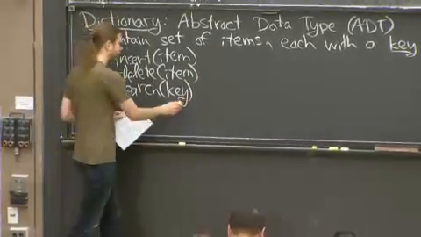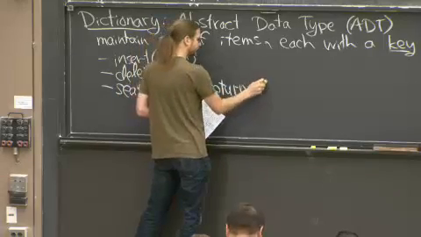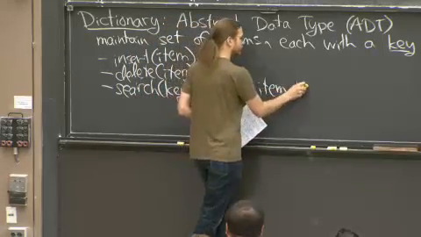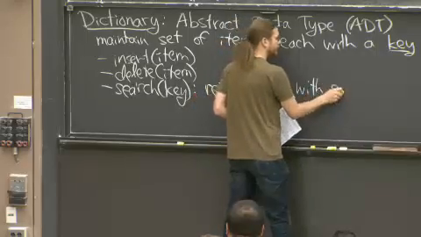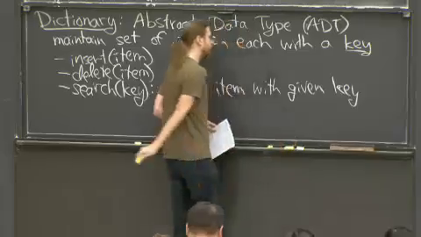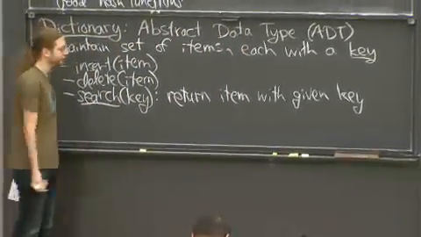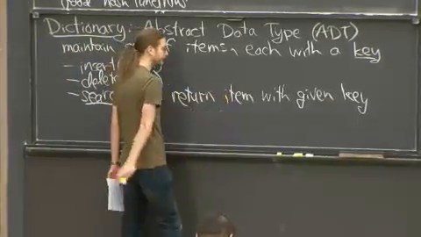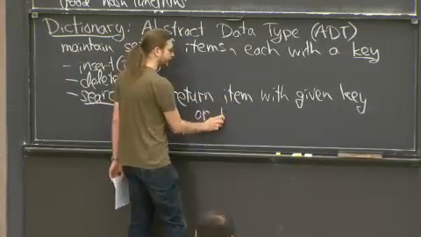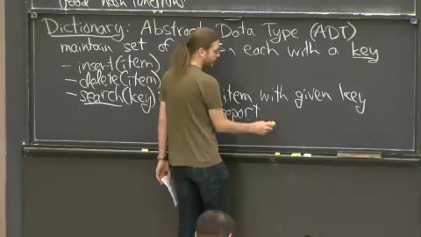OK, and the interesting part is the search. I think you know what insert and delete do. So there are two outcomes to this kind of search. This is what I call an exact search. Either you find an item with a given key, or there isn't one. And then you just say key error in Python.